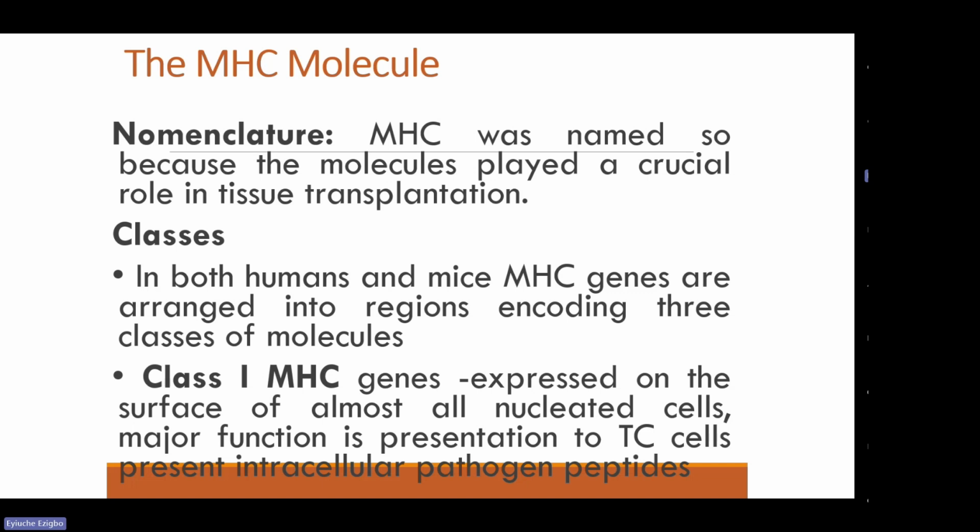We have the class 1 MHC molecule genes. These are expressed on the surface of almost all nucleated cells. Their major function is presentation of intracellular pathogen peptides to T cytotoxic cells. We'll see all this in detail.